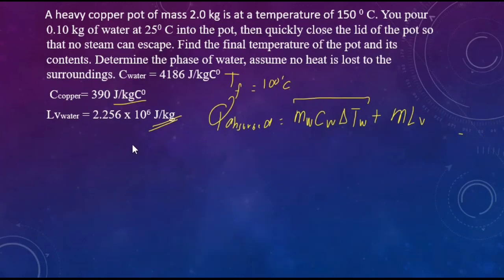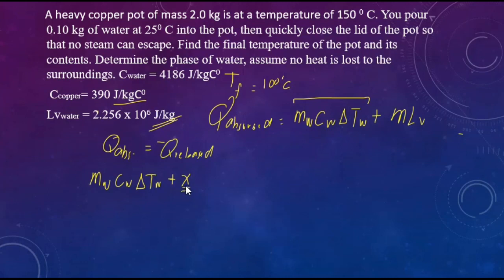So let's now have our equation. Q absorbed is equal to negative Q released. So you have here mass of the water, C of the water, delta T of the water, plus, not all water has turned into steam, so that will be X. How much water has actually turned into steam?